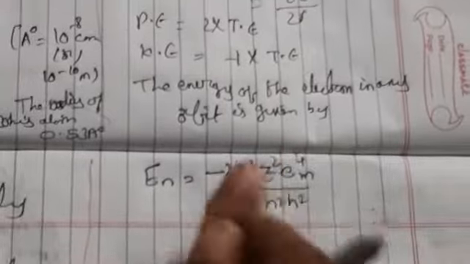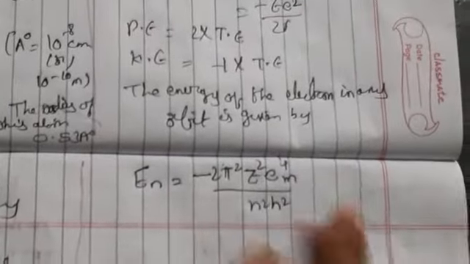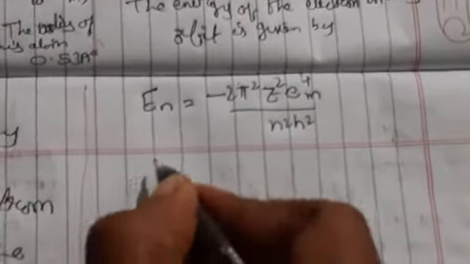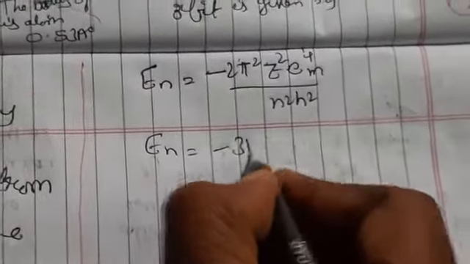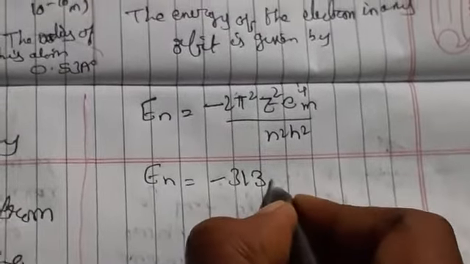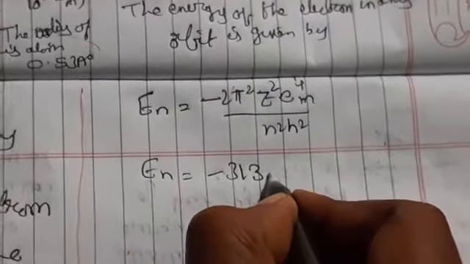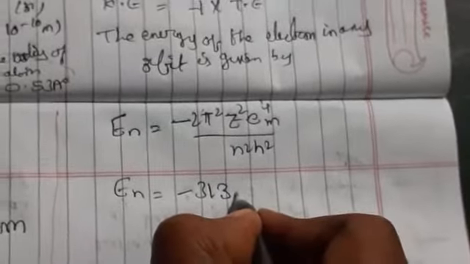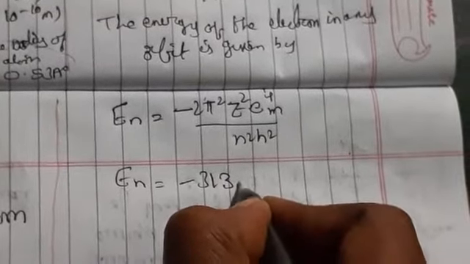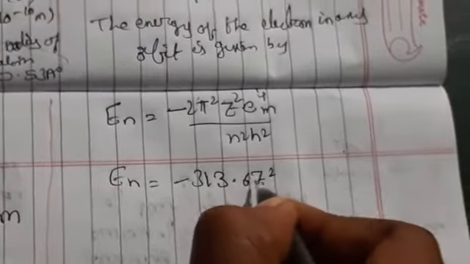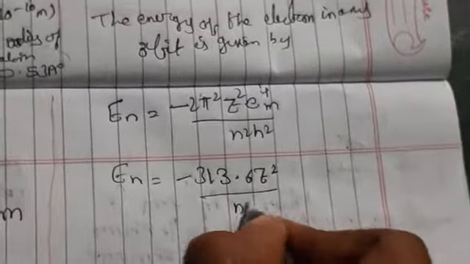Calculating all of these in kilocalories, it can be written as En is equal to minus 313.6 Z square by n square.